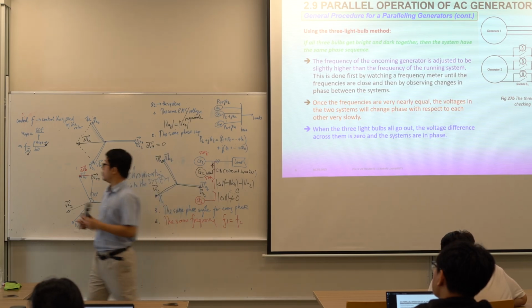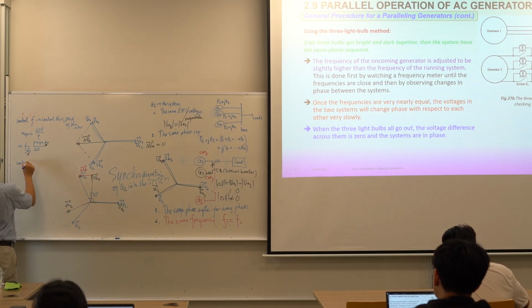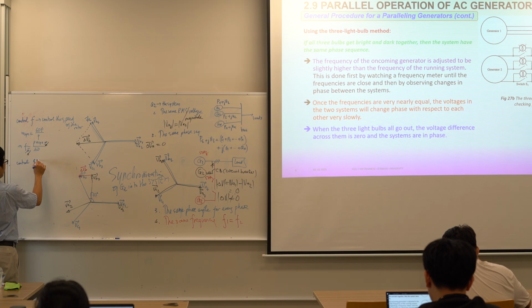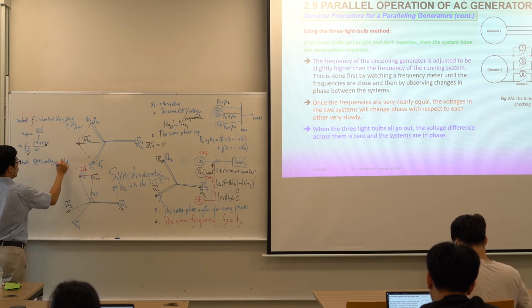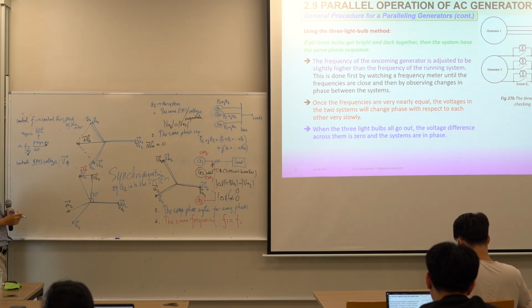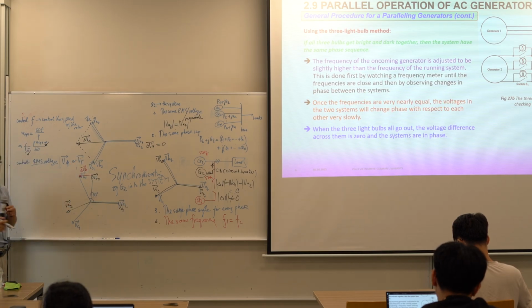How can we control the voltage? We control the RMS voltage. That means we control V phase, or we control V terminal. How can we control the terminal voltage?